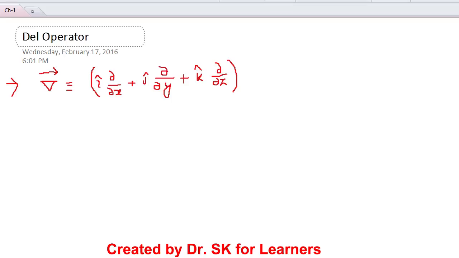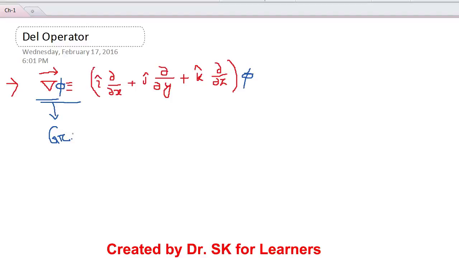So going back to our notebook, if you write that you want to multiply or operate this del operator with a quantity called phi, and phi is a scalar quantity, mind it. So this kind of term is known as gradient. We call it grad or gradient when there is neither a dot product nor a cross product, meaning the del operator is operated on a scalar quantity.